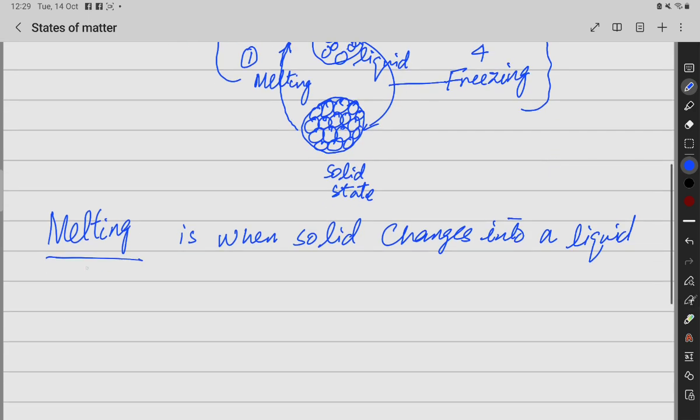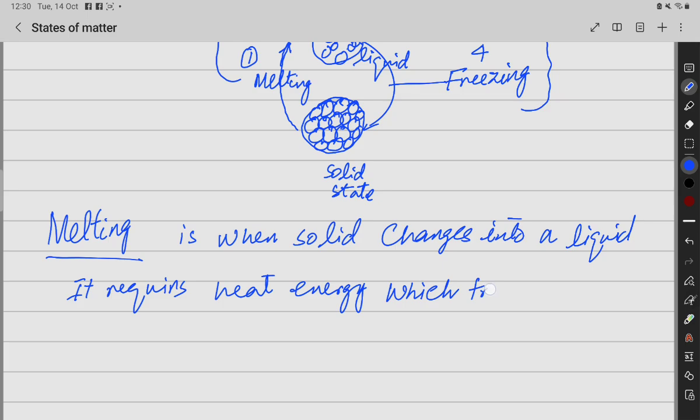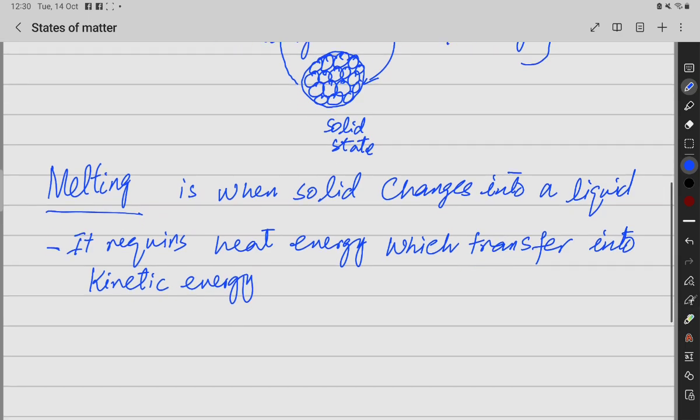It requires heat energy, which transfers into kinetic energy, allowing the particles to move.